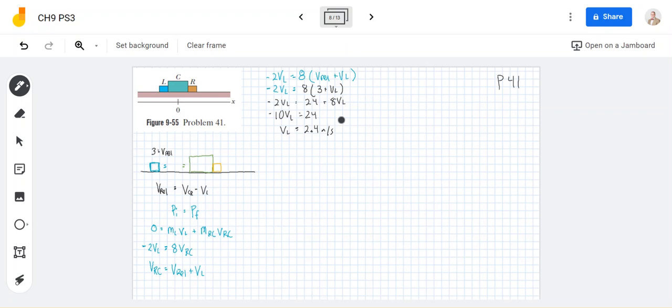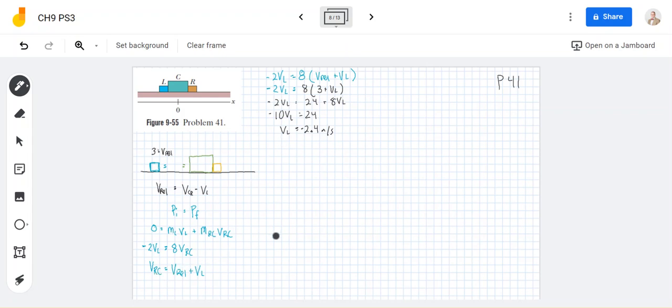Now, that makes perfect sense to me. It's moving this way at 2.4 meters per second. What does that tell us about the V of the CR then? If I know that VCR minus VL is equal to 3, I'm going to use this equation right here.